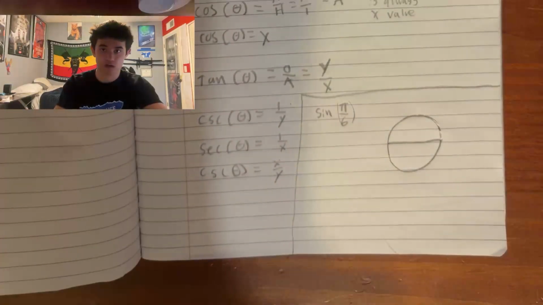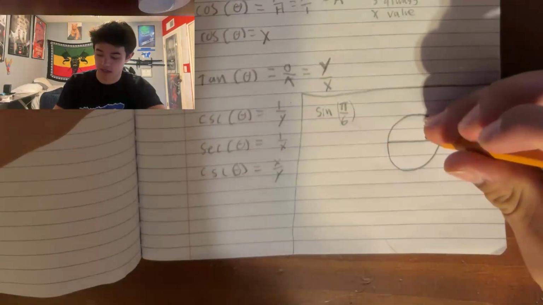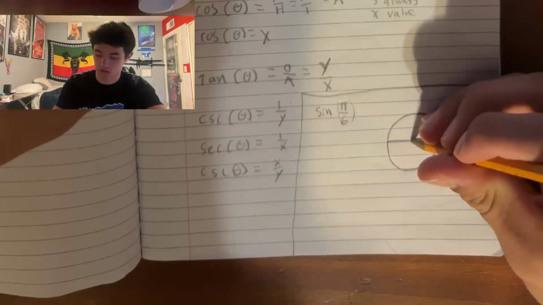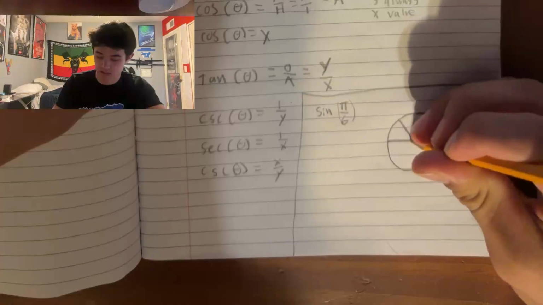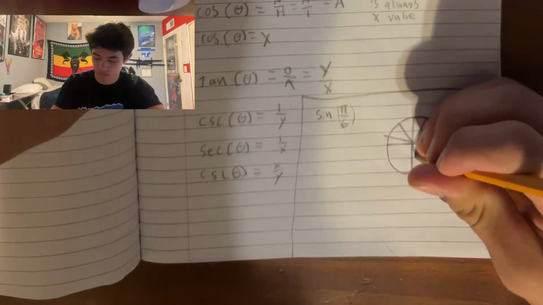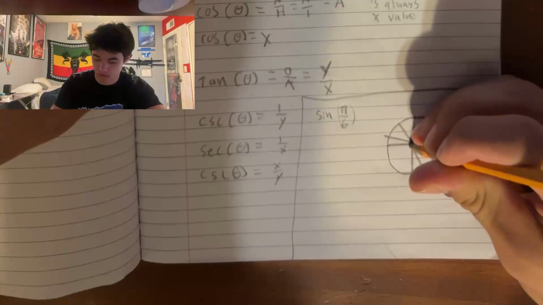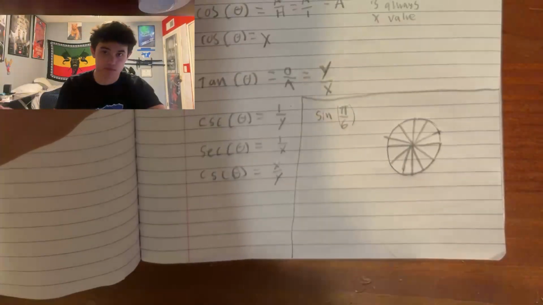And since it's over 6 in the denominator, we're going to divide it out by 6s. So we'll go like that, like that, like that, like that, like that.